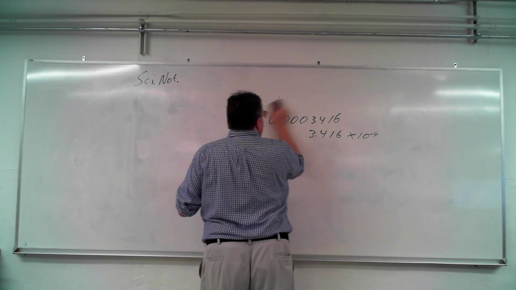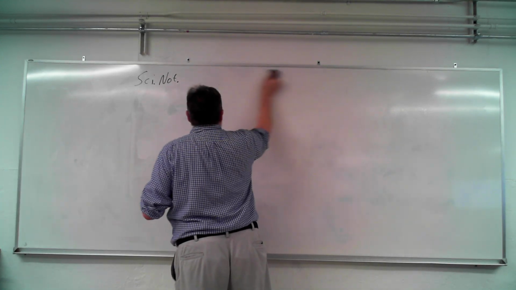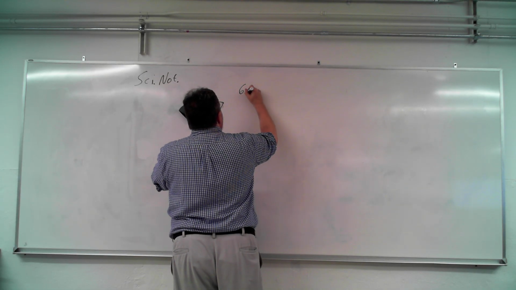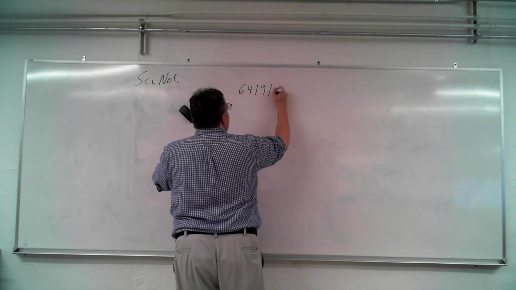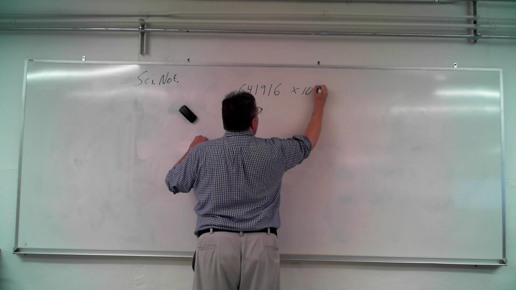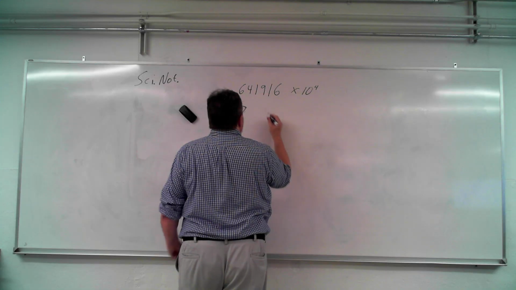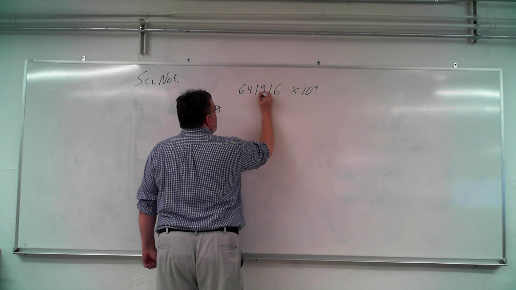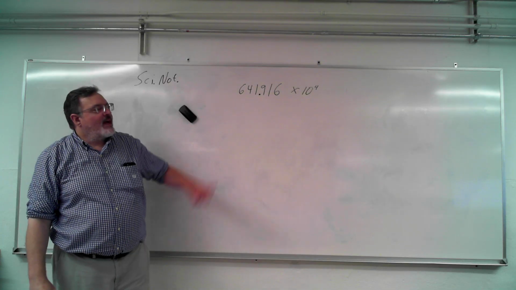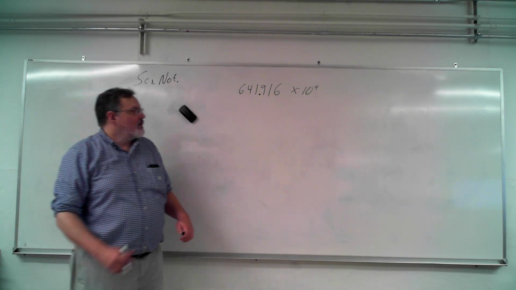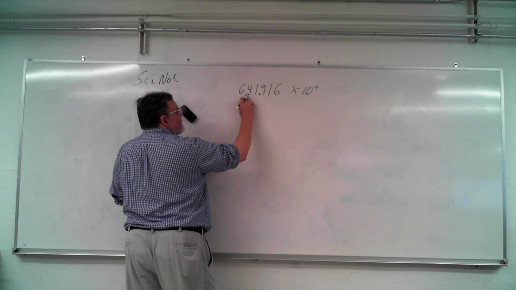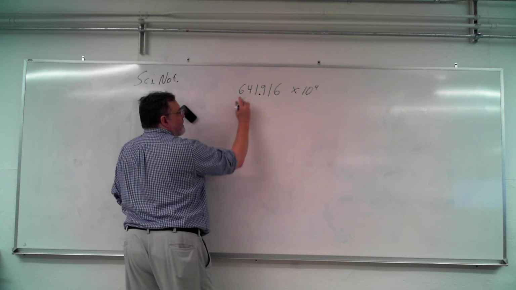Let me take it a little further. If you had that, and somebody said, put that in standard scientific notation, you would do this. 1, 2, so we have to multiply by 10 to the 2.